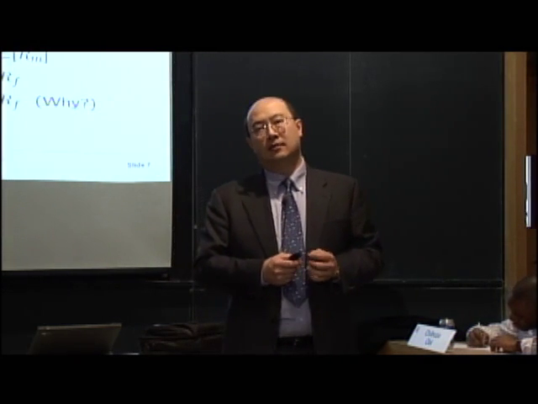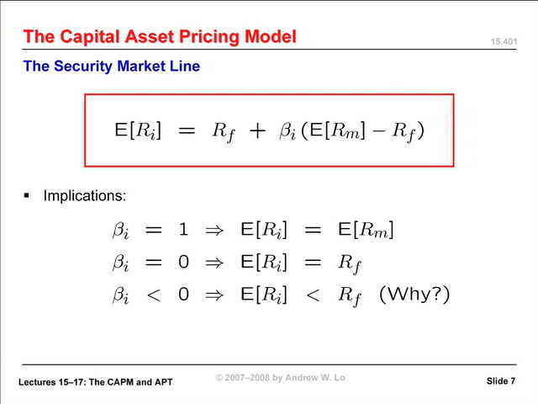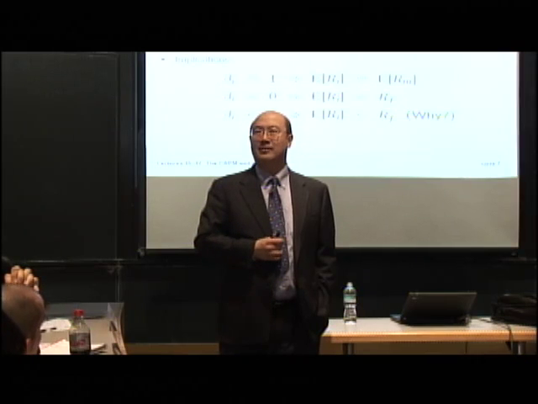And the third observation that I want to make is when a beta is negative, with a beta that's negative, the expected rate of return is actually less than the risk-free rate. Now that's really odd. I've got an asset that is risky, but just because it has a negative beta, the expected rate of return is less than the risk-free rate.